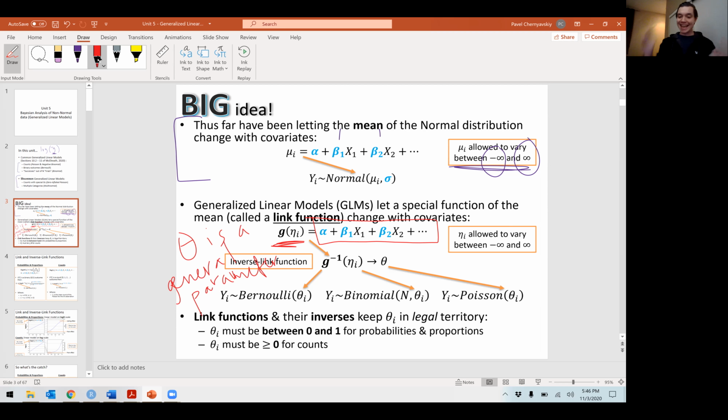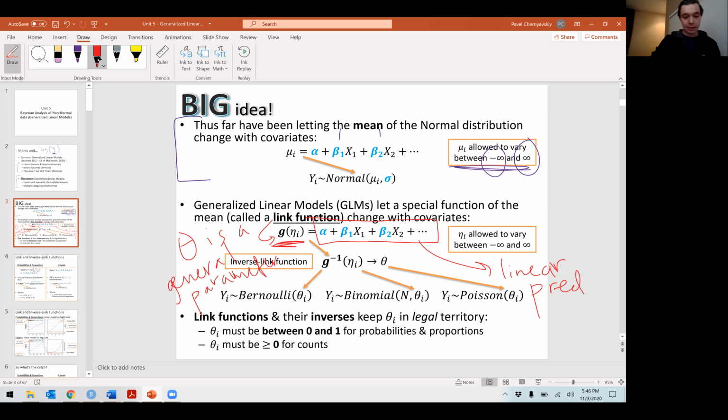We take our linear model, which is actually called the linear predictor, and we feed it through a special function called a link function that keeps our parameter values legal.